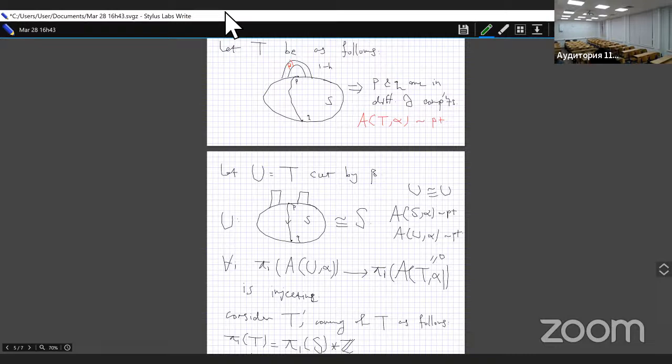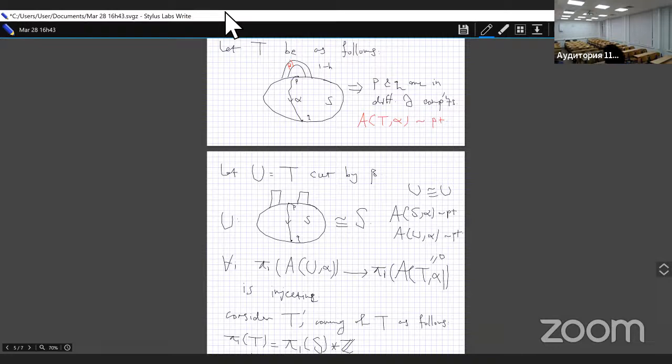Once again, we consider the space of paths which are homotopic to alpha, rel boundary. Now, those are paths in which surface? S or in T. Okay.